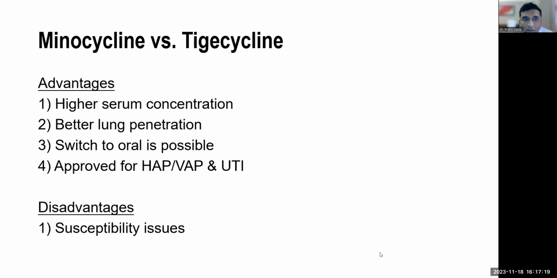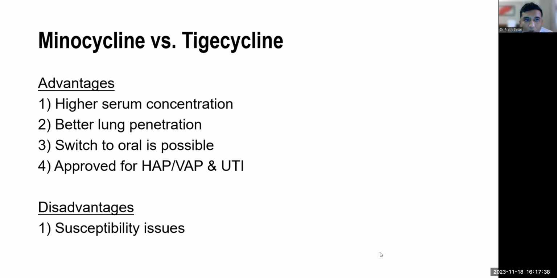But Mino has good data regarding serum concentration. Mino has good lung tissue penetration, and even a good level in the alveolar cell wall. So it is a good drug whenever we treat hospital-acquired pneumonia.